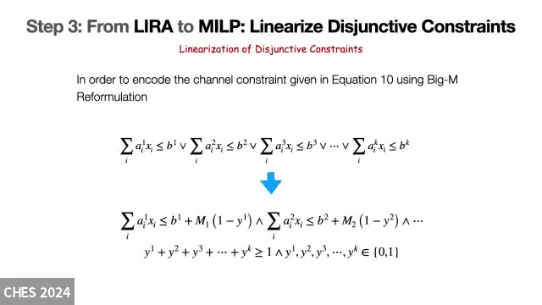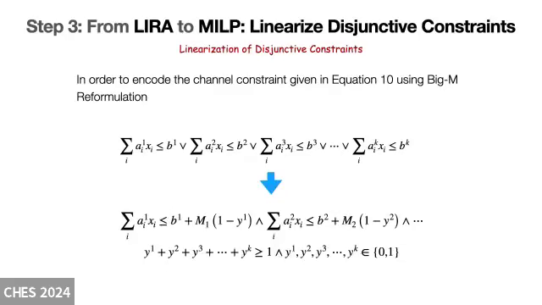In order to encode the channel constraints, we need to linearize the disjunctive constraints. There are two common methods for disjunctions, the big M formulation and the convex hull formulation. In our work, we used a big M formulation where a sufficiently large number M is used to nullify one set of constraints.